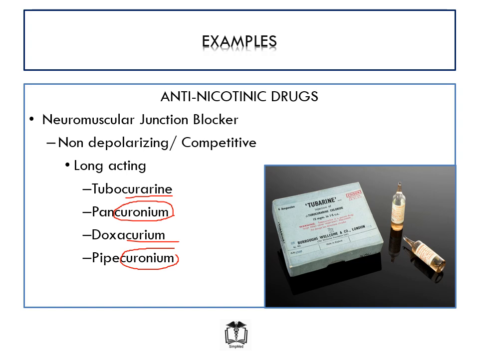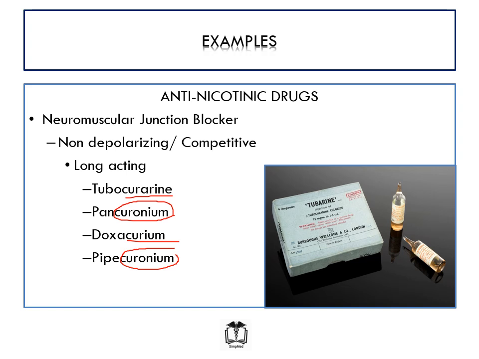This is not just something to note in terms of learning the examples, but also there tend to be similarities in each of these drugs. So pancuronium, the curoniums, pancuronium, pipecuronium, tubocurarine, and doxacurium tend to have similar properties that differ from each other.